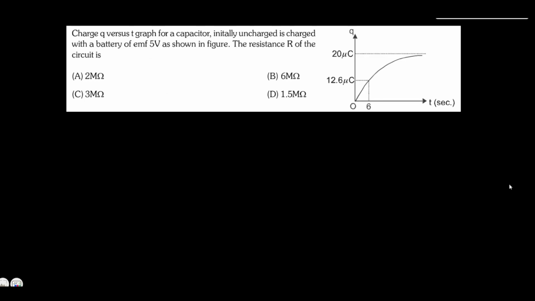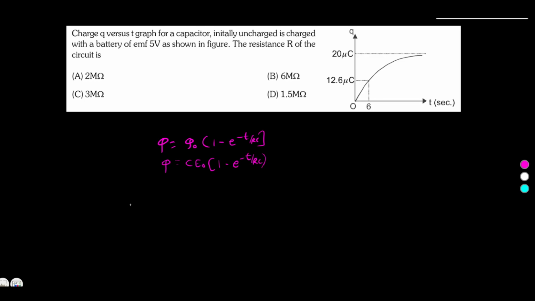So I can say that the charging Q, we write Q naught 1 minus e raised to the power minus t by RC, and Q naught is nothing but this is C times E naught 1 minus e raised to the power minus t by RC.